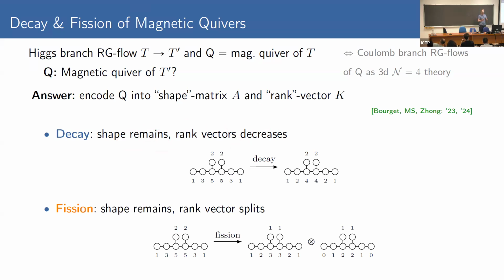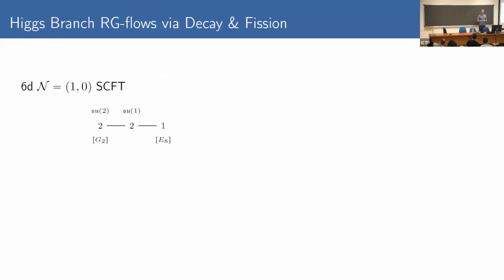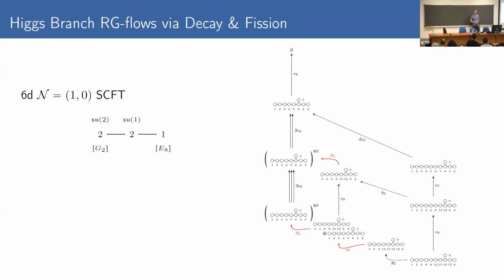And once you employ these 2 basic options, you can basically go through the whole Higgsing tree, and you find what happens with the magnetic quivers. To advertise this, you can take your favorite theory, which has a brane description, or where you just know the magnetic quiver. So for instance, you take something that lives in 6 dimensions, something like this. It's again a theory that you can realize via branes. We know the magnetic quivers for various reasons.